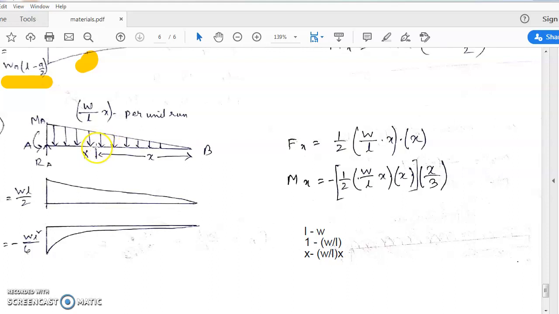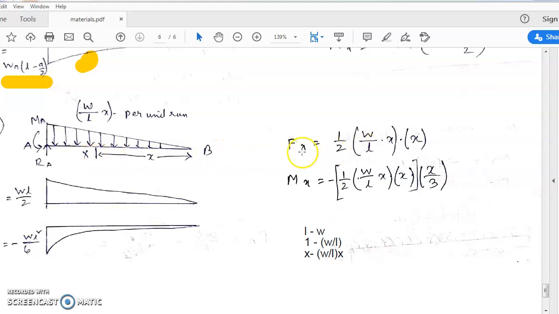So the moment is the total load, that means this Fx, into the perpendicular distance, that is x by 3. Now it is downwards. For bending moments, any downward is negative, so the sign is minus. So that is the shear force at point X and bending moment at point X.